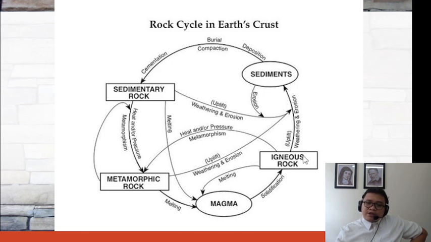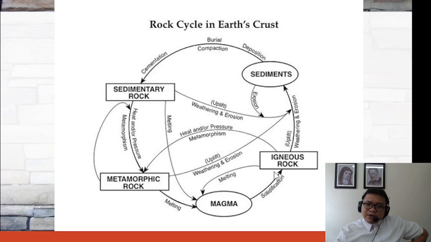Now, as this igneous rock undergoes weathering and erosion through uplift, as you can see here, they are deposited in the form of sediments. Take note, as these sediments undergo deposition, burial, compaction, and lastly sedimentation, they are now formed into sedimentary rock.